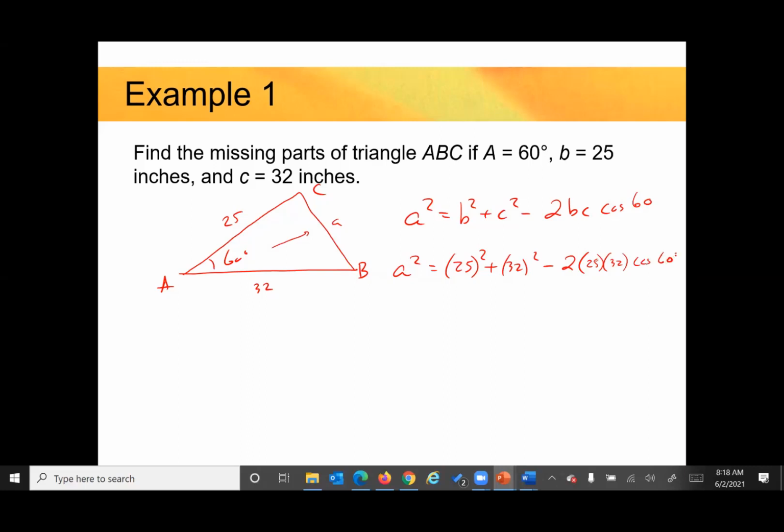Cosine of 60 degrees after that here. I don't know which one you want to write down first, or if you have a TI, of course, they're going to do all of it for you in one step and then take the square root of it afterwards here.